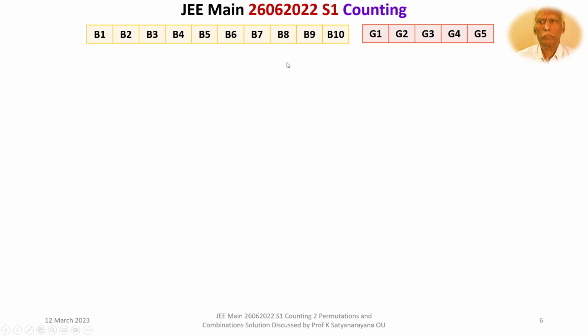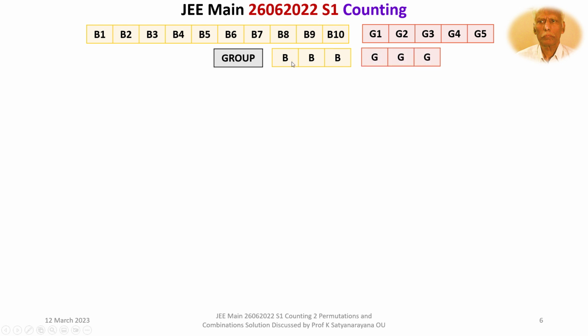Now first we find the number of ways of selecting a group consisting of 3 boys and 3 girls without any condition. So we form a group with 3 boys and 3 girls.